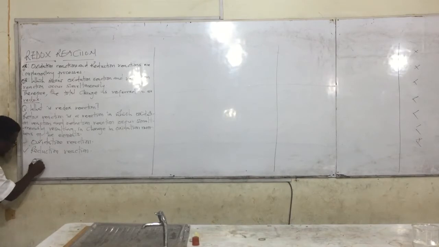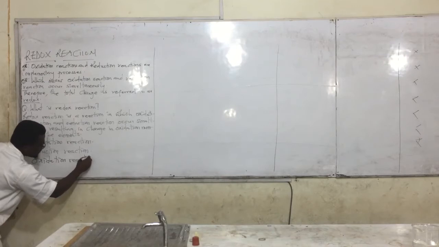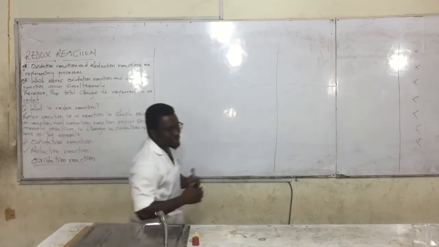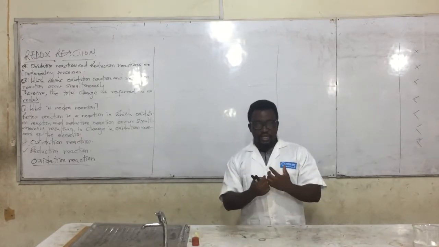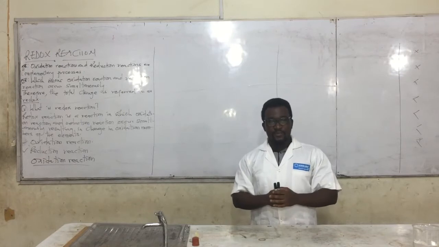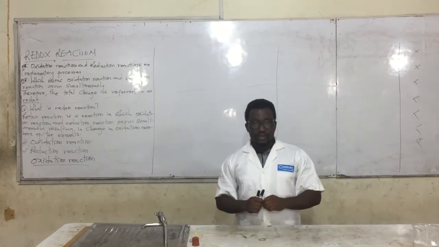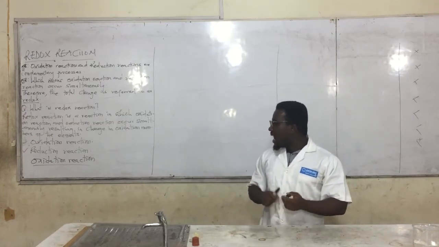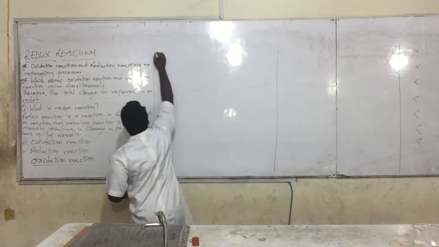So we have oxidation reaction. To understand oxidation reaction, we will look at it in certain terms. We want to understand oxidation processes, so you have to look at it in terms that help you understand.